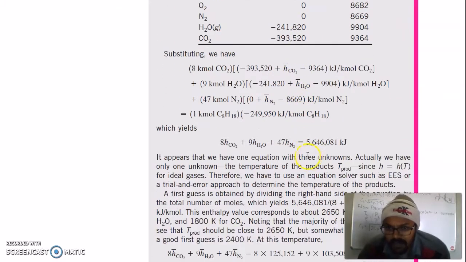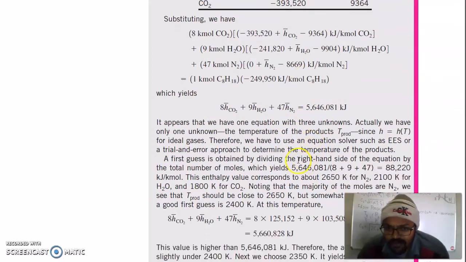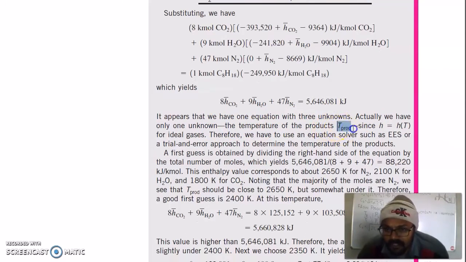The outlet temperature is missing, meaning after combustion the products have some temperature that we don't know. So we have one equation with three unknowns, but actually we have only one unknown, the temperature of the products.